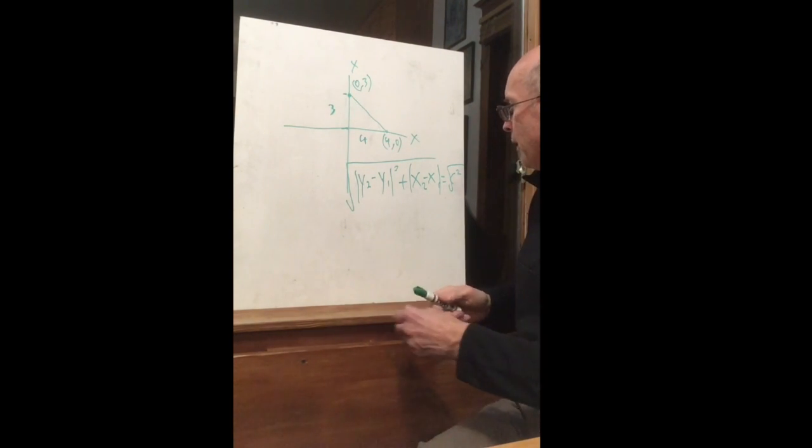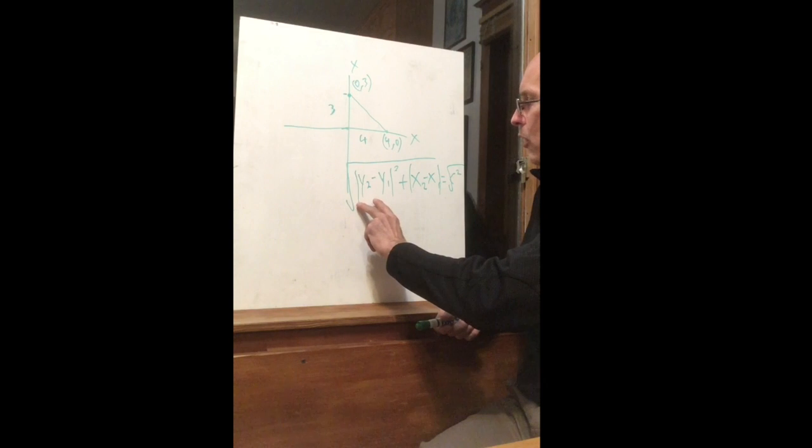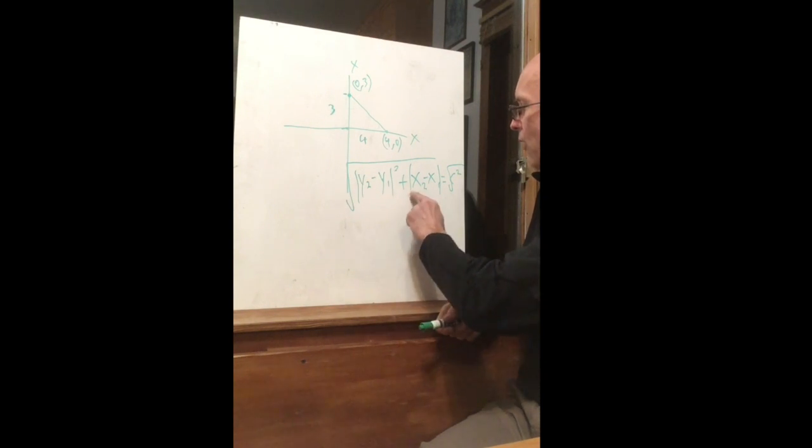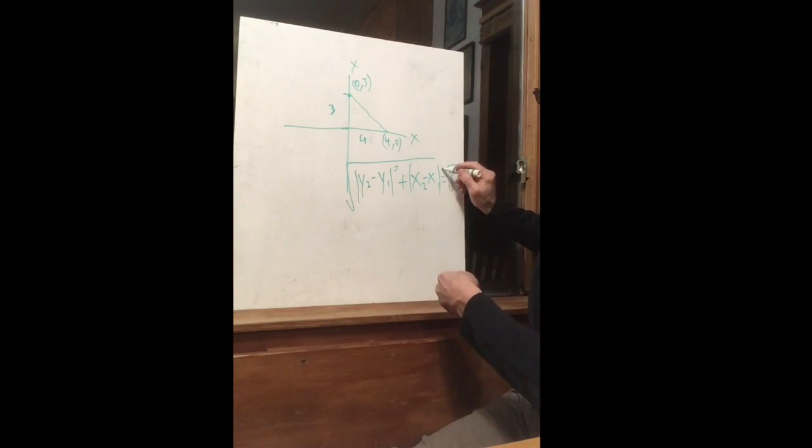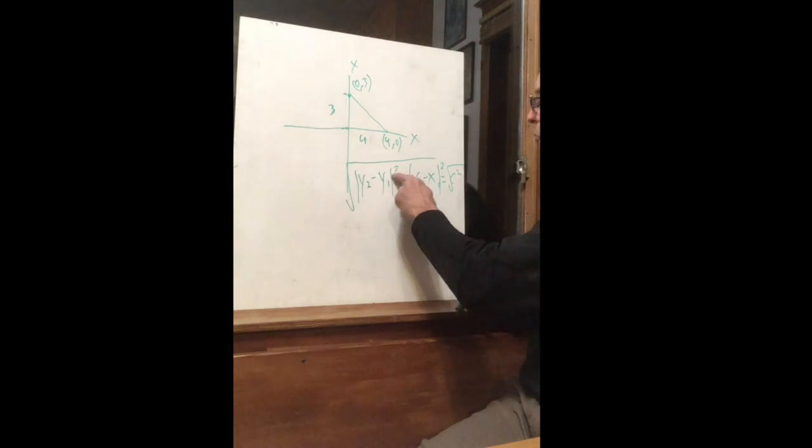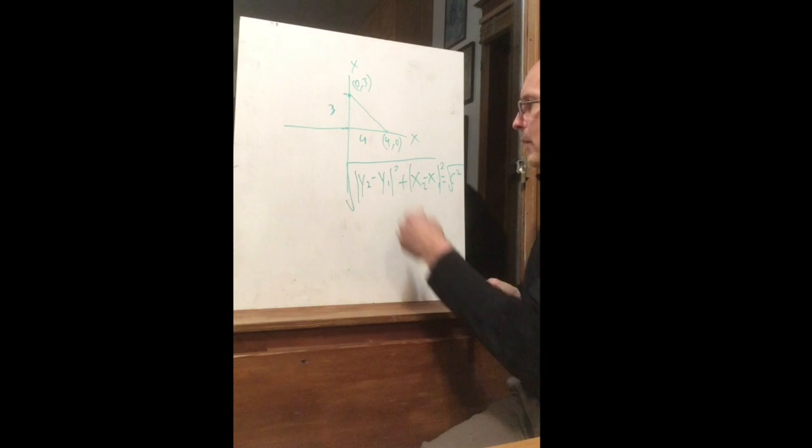I hope so. Now, we really don't need to worry about the absolute value now, because you see that we're squaring both things. So even if those were negative terms, once we square them, they're going to be positive anyway.